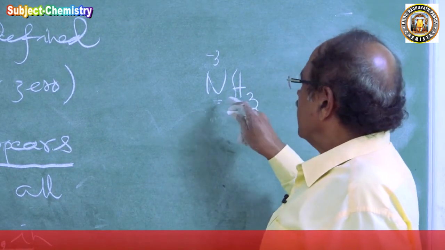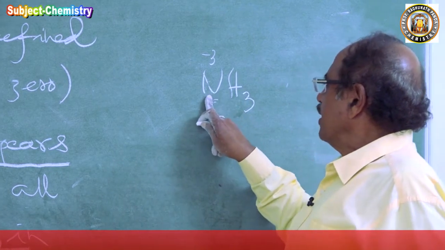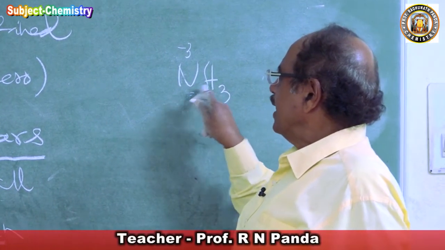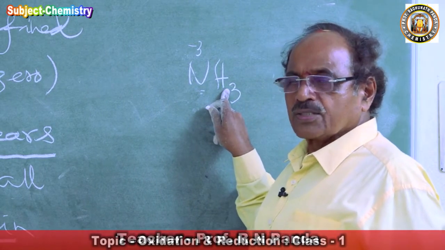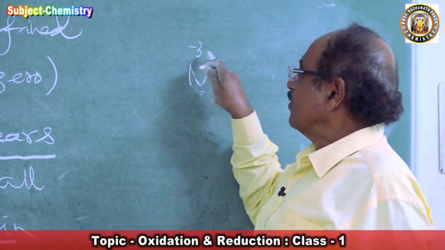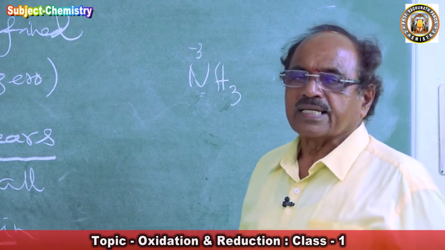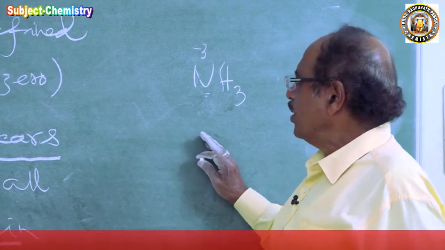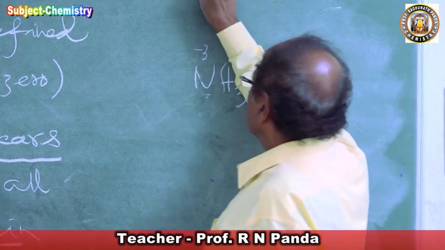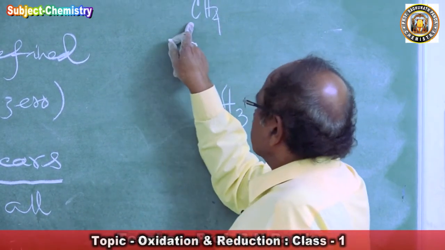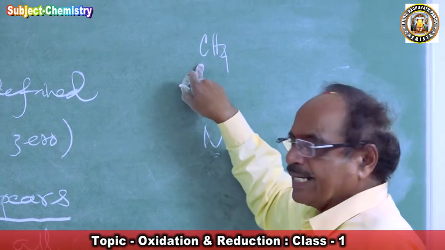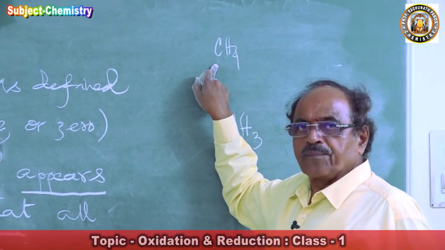So what is happening? To nitrogen you are adding hydrogen. Addition of hydrogen is reduction. So a negative charge will tell you that reduction has taken place. I will come to that and explain, but I am giving an example. For example, methane. We will calculate the oxidation number of carbon.